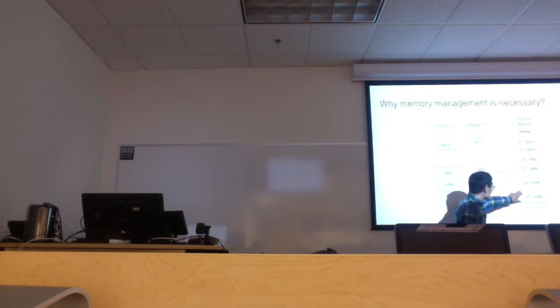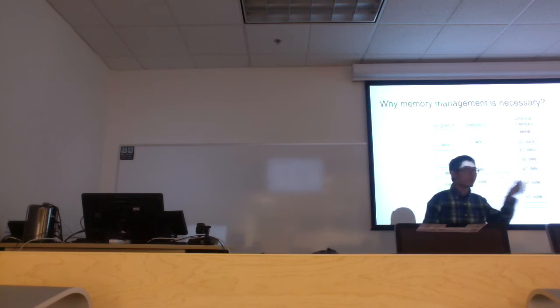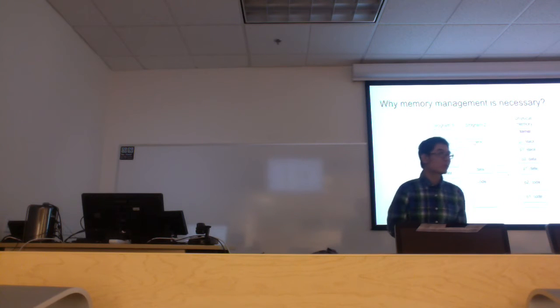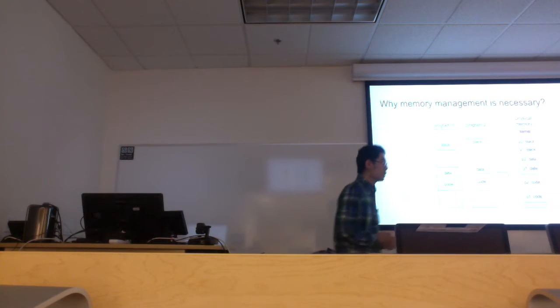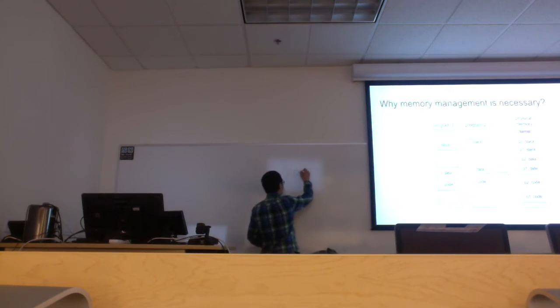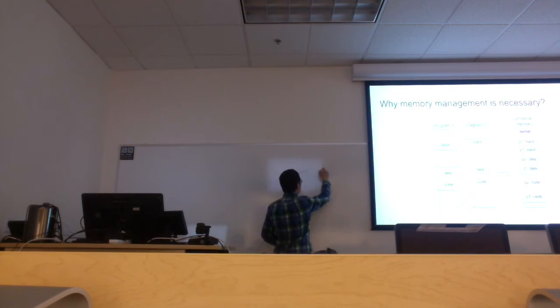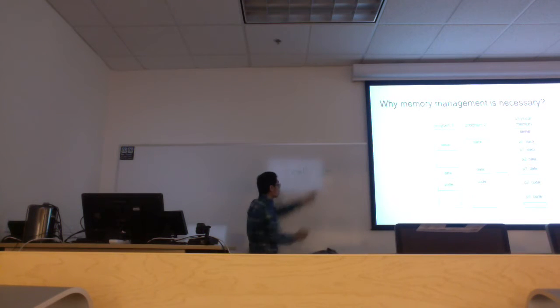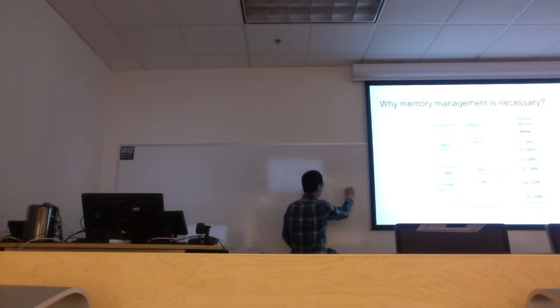What if I move this piece of code somewhere else? Does this name binding still work? Consider I call a function. The function name is func. I call this function. So this function is bound to an entry address of 200.